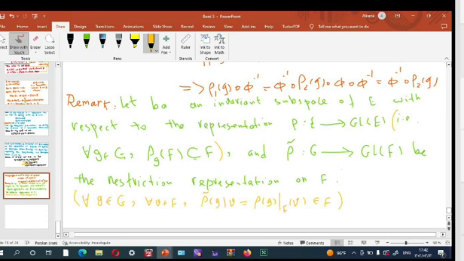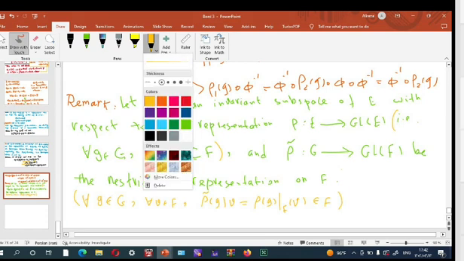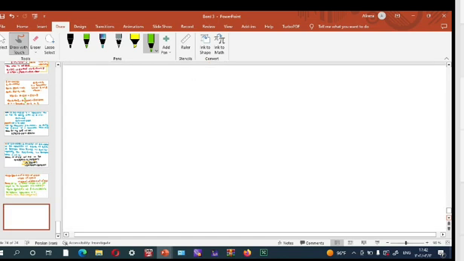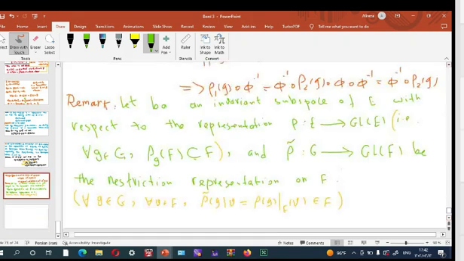Then if we consider this restriction representation, then the inclusion map, for example I from F to E by this function rule, I of V equal to V.